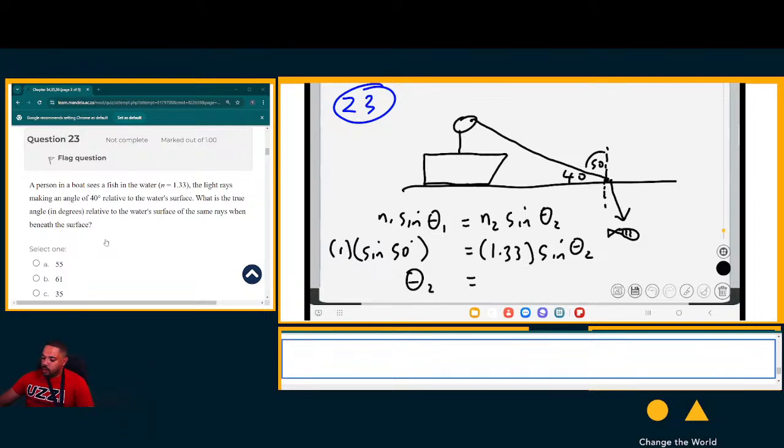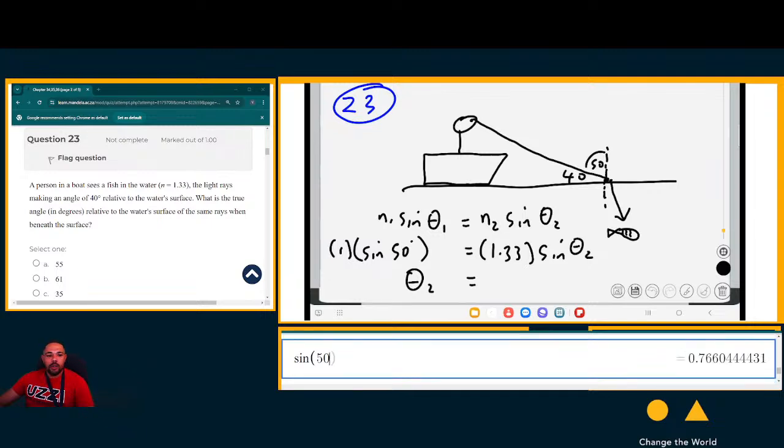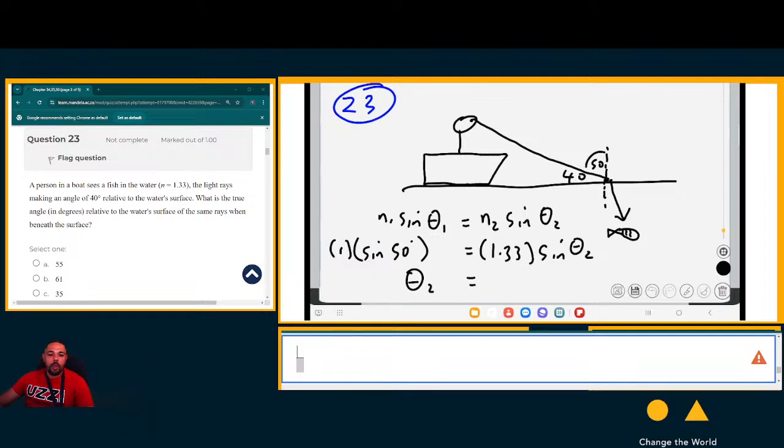It will be 1 times sine of 50 divided by 1,33.